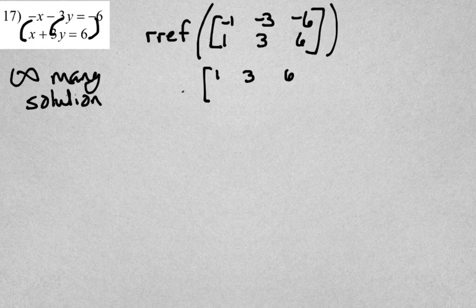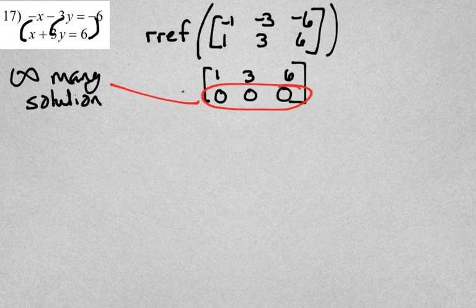So the first row is like this, and the second row is 0, 0, 0. This row is how I know if it's infinitely many solutions. If it's all zeros, it's infinitely many solutions. If I would have had this and some number, then that would be no solution.